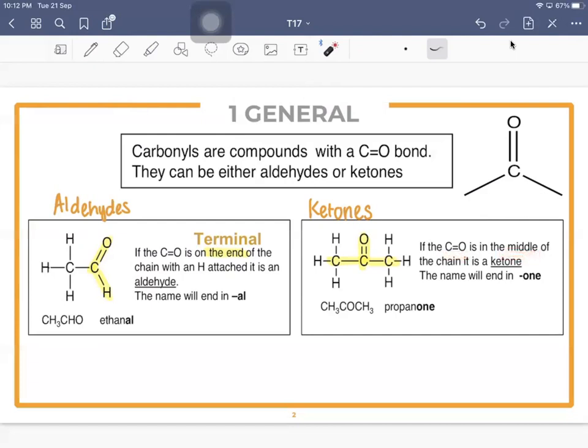Naming ketones, the name will end with -one, like propanone, and naming aldehydes, it will end with -al, for example, ethanal. Be careful when you name aldehydes and alcohols, because naming alcohol will end with -ol, whereas naming aldehyde will end with -al.